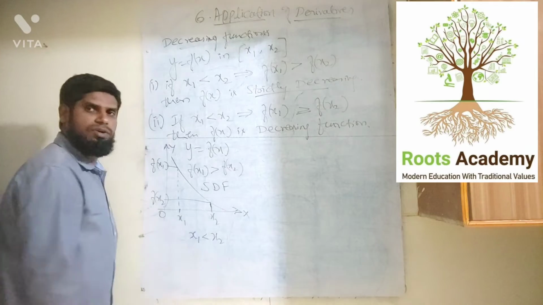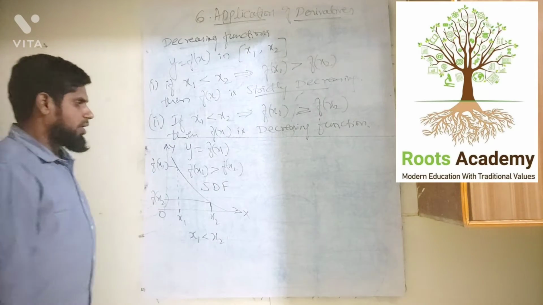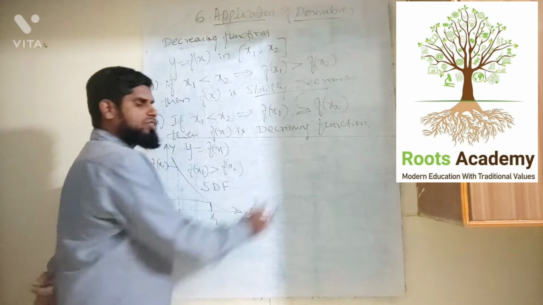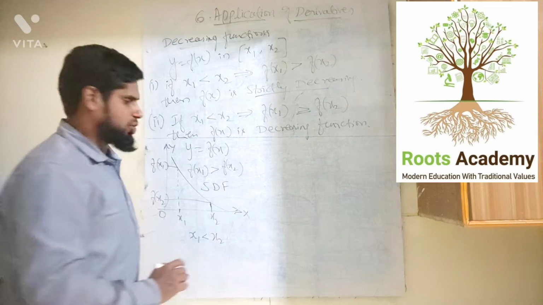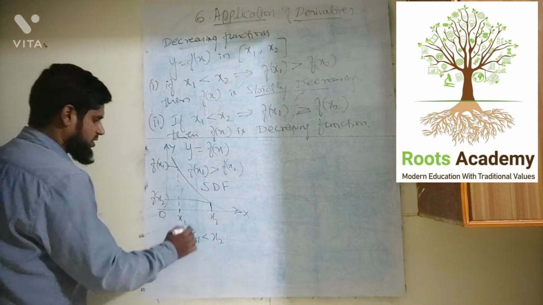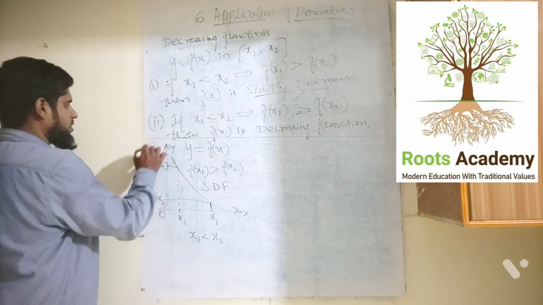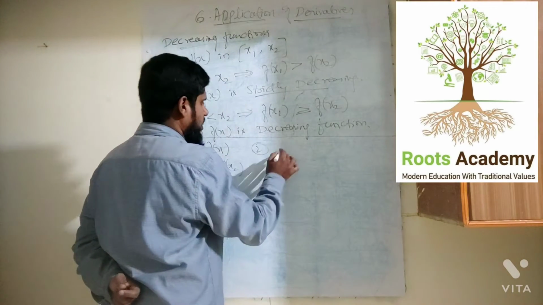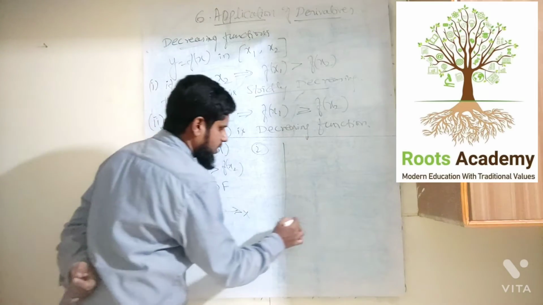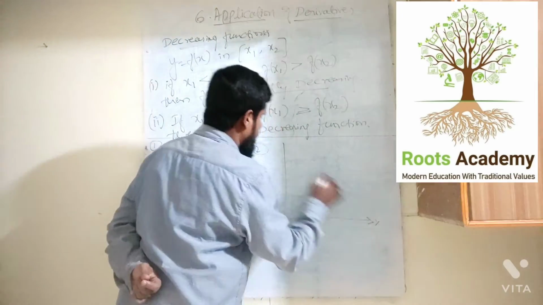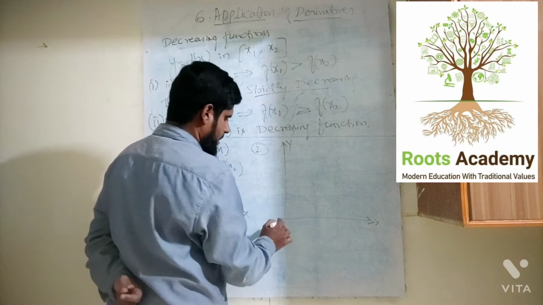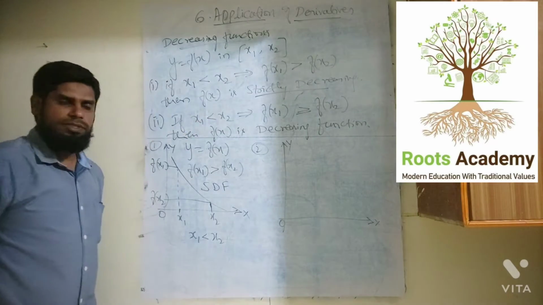Now what happens in case of just a decreasing function? This I will call the first graph, and I will draw the second graph here. Y-axis, x-axis, and it is origin 0.